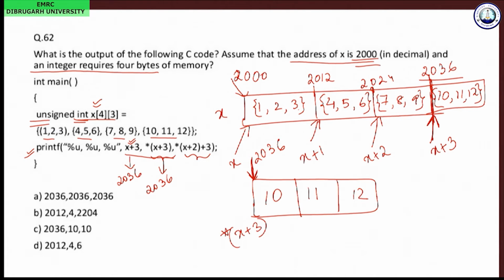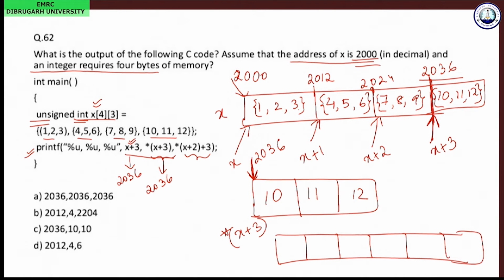Let us redraw this one again: 1, 2, 3, 4, 5, 6, because from x plus 2 they are going to start, we have to draw till here. So here it will be 7, 8, 9, 10, 11, 12.